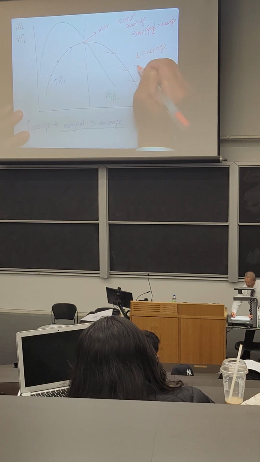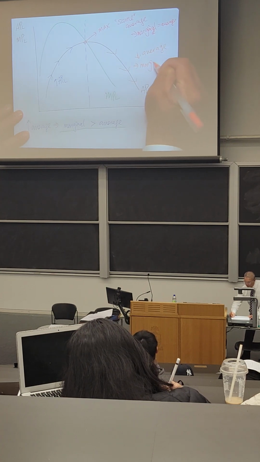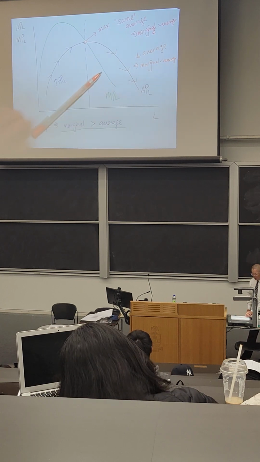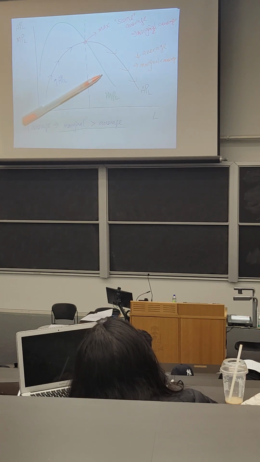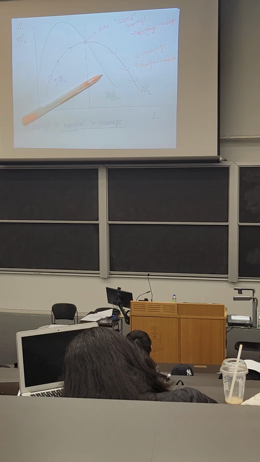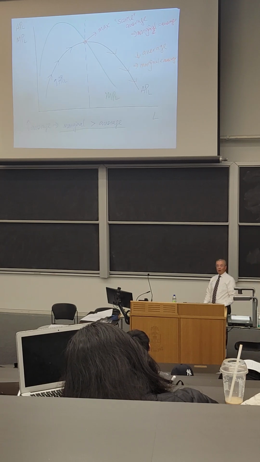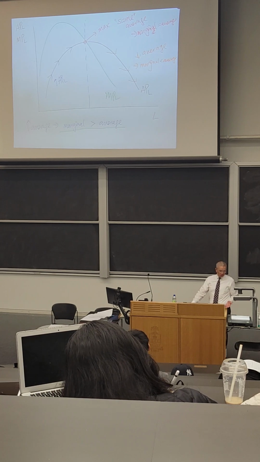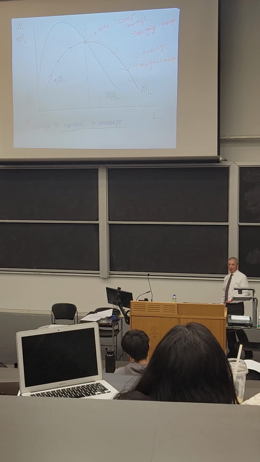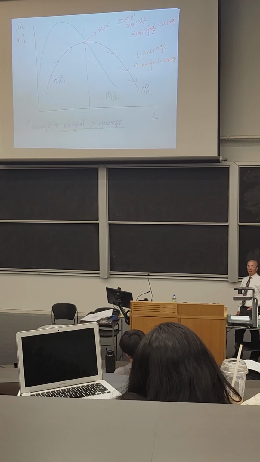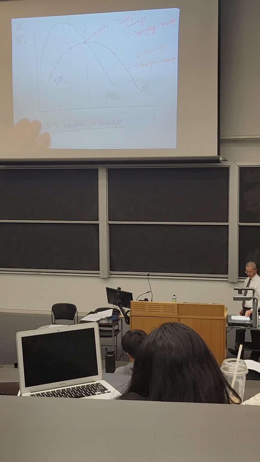Falling average implies the marginal must be less than the average, which is why the marginal product of labor curve is below the average product of labor curve. So, using the relationship between marginal and average, we can now settle the questionable position scenario. That is, which curve is above, which curve is below. Using this simple relationship between marginal and average, we can figure out the position of these two curves.